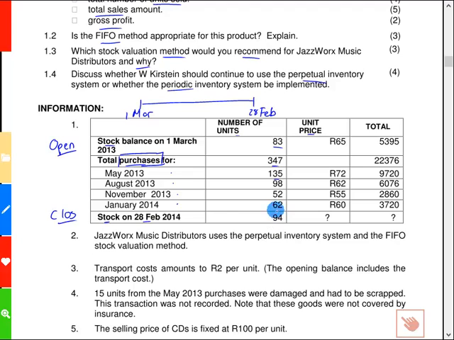Okay, and then we'll be left with the ones that were purchased right at the end. Now we know that at the end there are 94 units left. And we know we had 83 in the opening balance, and in total we purchased 347.